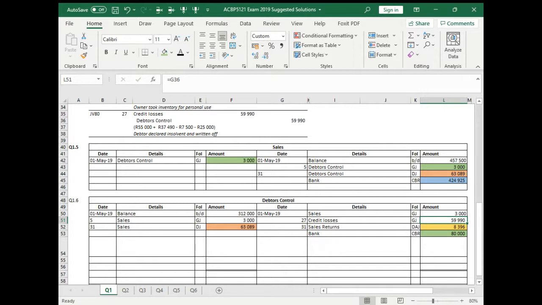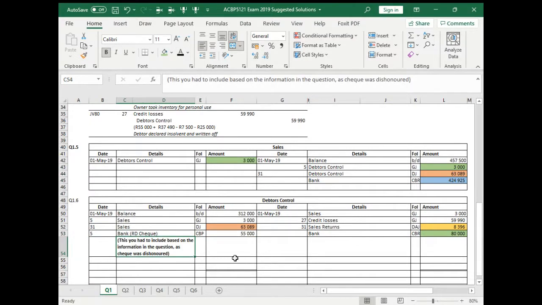Okay, now another thing that I've included in here that we have not captured in any of the journals. You remember that Katlejo's check was, there was a RD check of 55,000. Now you also have to go show that RD check in here because it is included in the information.